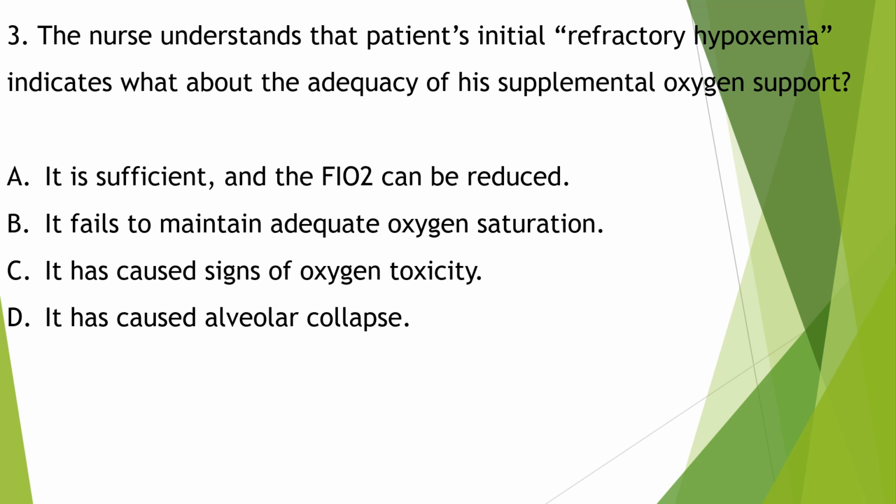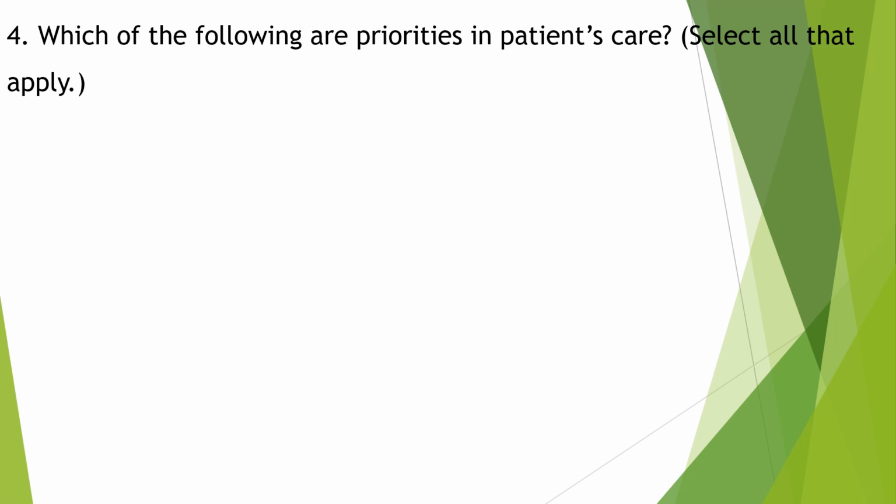Oxygen does not cause alveolar collapse, that is caused by excessive secretions and pressure. So here the initial refractory hypoxemia indicates that even though we are giving supplemental oxygen, there is a failure to maintain adequate oxygen saturation.